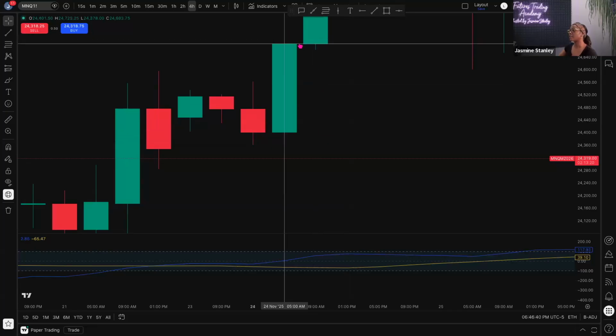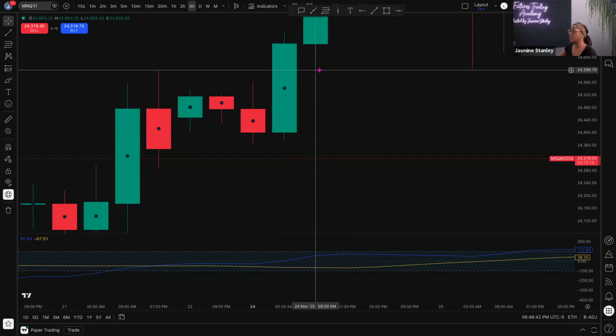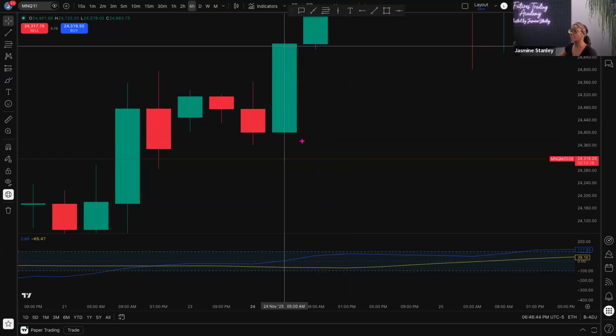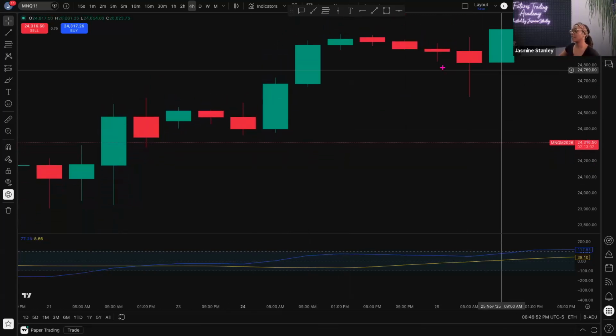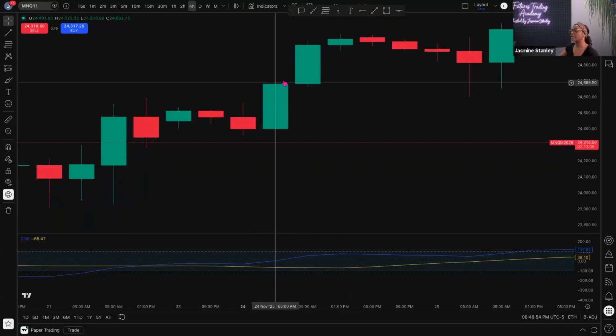And now this is the close of the candle. It closed green because it closed higher than it started. And the opposite is for the red. It's pretty intuitive.